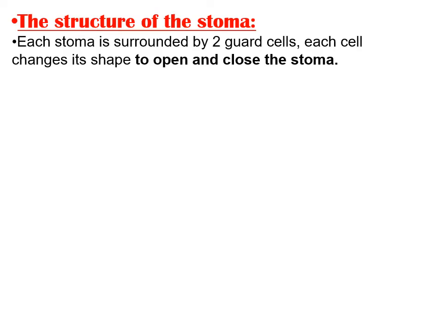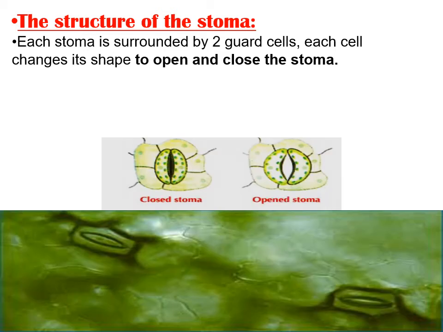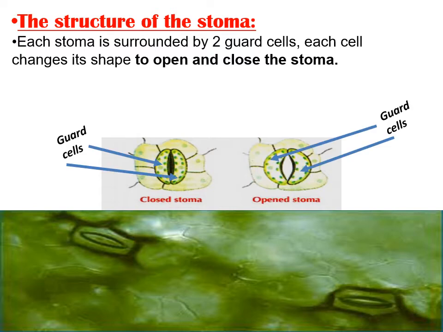What is the structure of the stoma? Here we are going to study the structure of one opening, or a stoma. Each stoma is surrounded by two guard cells. They are called guard cells as they can control opening or closing of the stoma by changing their shapes.